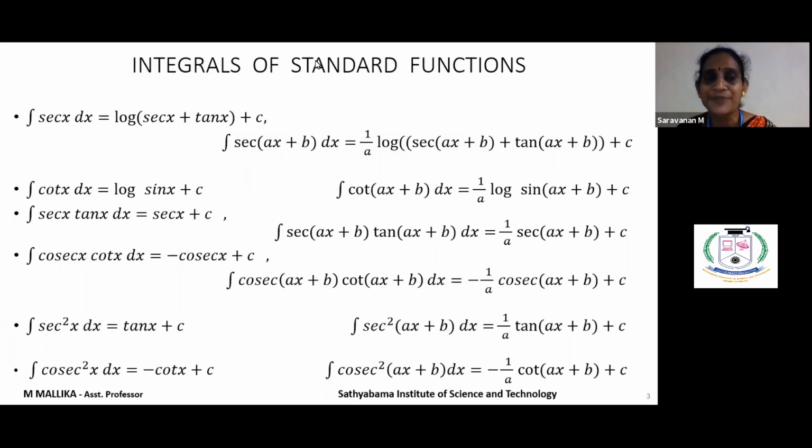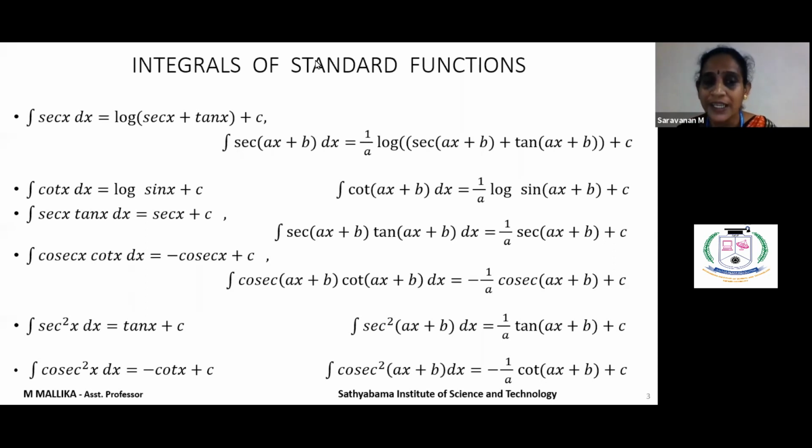Apart from these standard integration formulas under trigonometric functions, based on the derivative formulas, namely differentiation of secant x, you know that it is secant x tan x. Based on that, you have integral of secant x tan x dx is equal to secant x. Similarly, derivative of cosecant x is minus cosecant x cot x, which implies integral of cosecant x cot x is equal to minus cosecant x.